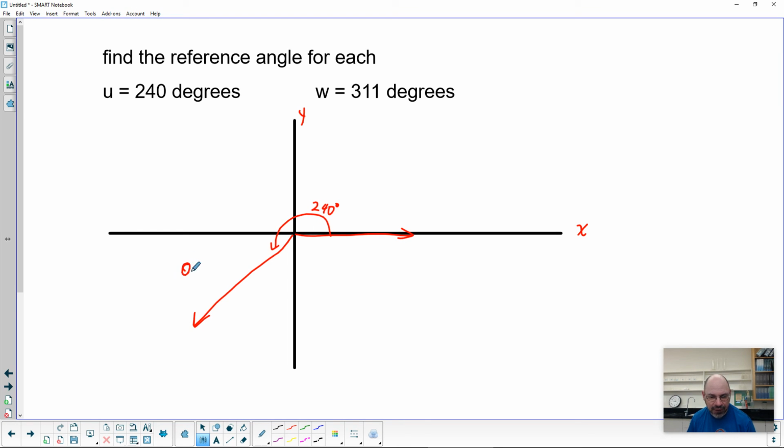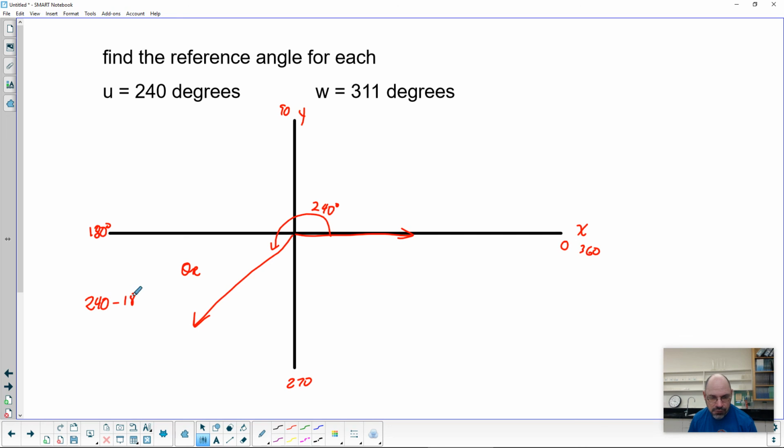So that means theta R, that's going to equal 240 subtract the 180 that's up here. Remember, that's 180, this is 90, 270, 360, 0 and 360.